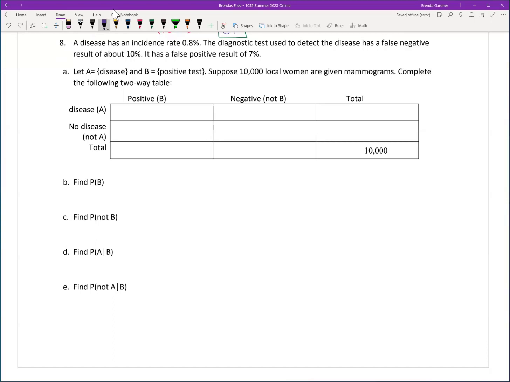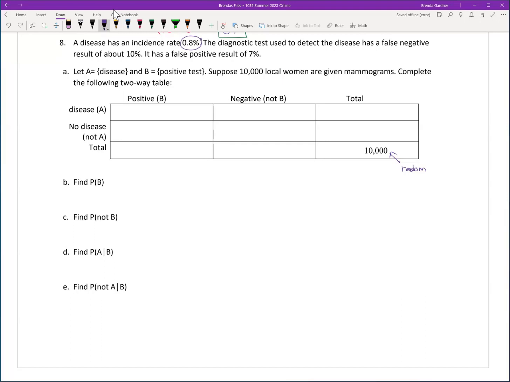We can do this. If a disease has an incidence rate of 0.8%, when we have a table here, by the way, this number at the bottom corner is random. I gave you that number to work from on the review, but you could certainly choose 100, 10,000, or 1,000,000, because we're just going to find the probabilities.